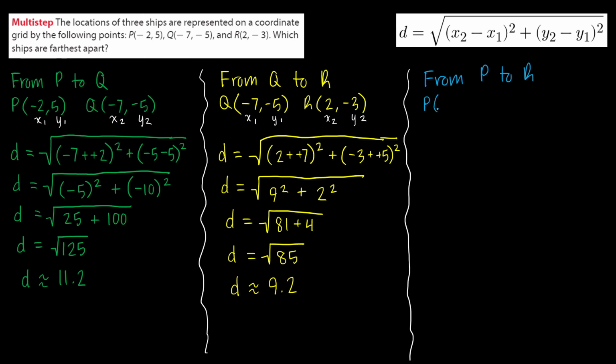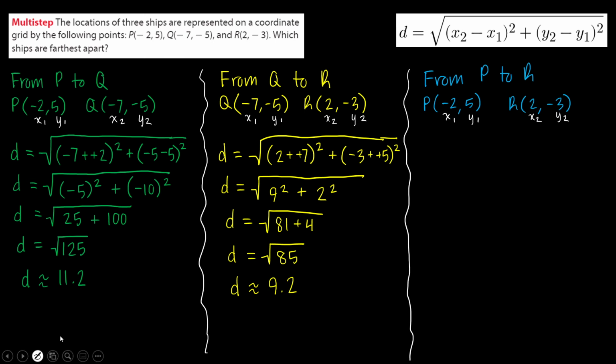So P is negative 2, positive 5, and R is 2, negative 3. Labeling my points, P is going to be x1, y1, and R is going to be x2, y2.